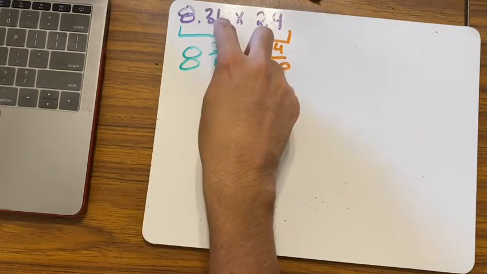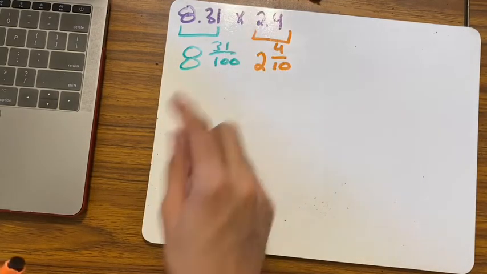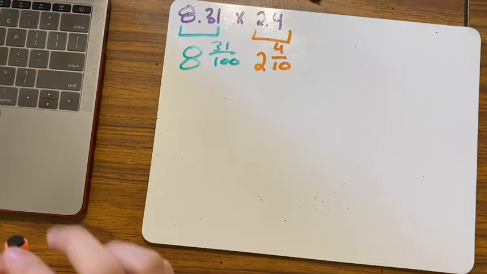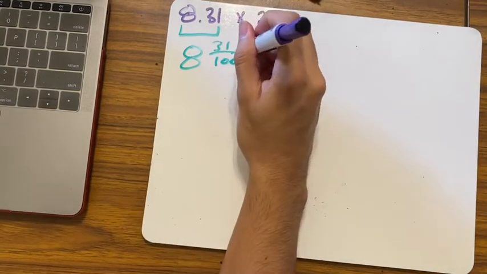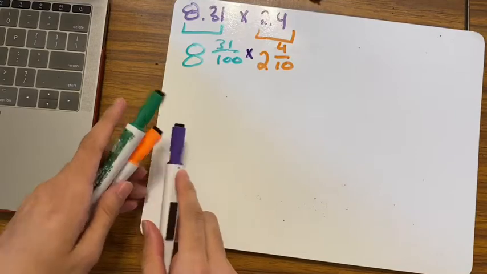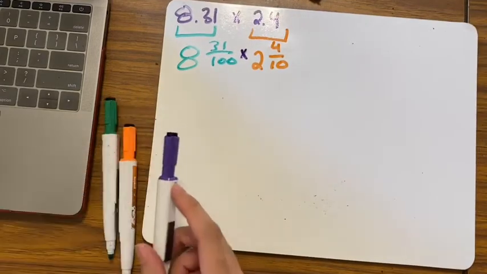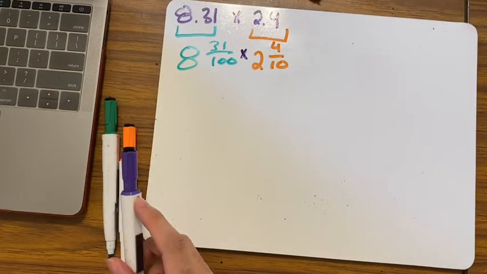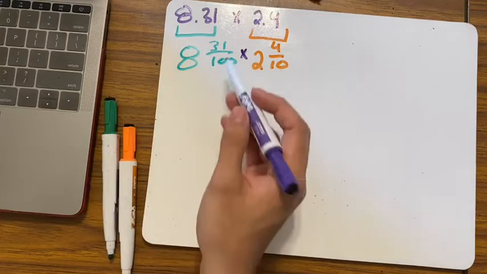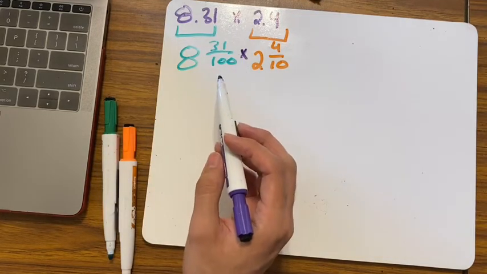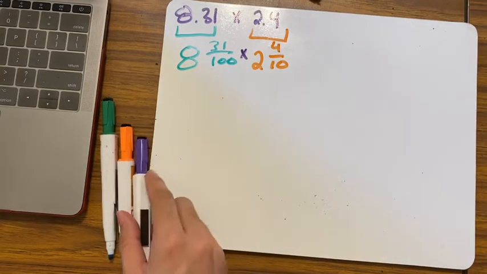Here, my 31, 1 is in the hundredths place, so that's why it's 31 hundredths. But again, when we multiply mixed numbers, let's first switch them into improper fractions, okay?